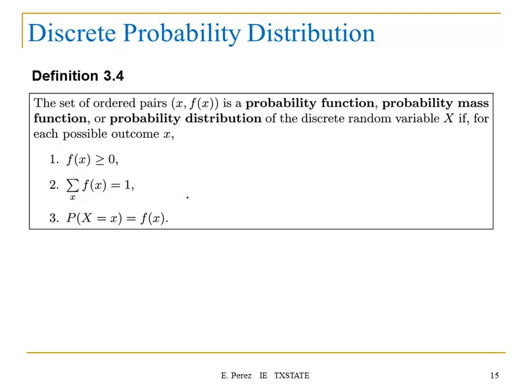And for a discrete random variable, if you look at the probability of the random variable x being equal to a certain value, let's say x equals 0, that value is given by evaluating the function at that value. So if you have a function f(x) equals x squared, you can put 0 in x squared, and the probability will be equal to 0. Okay, so again, it needs to satisfy these three conditions.